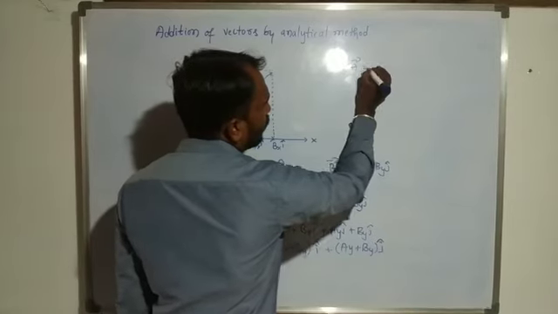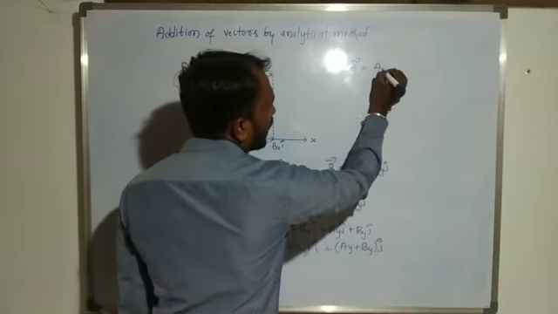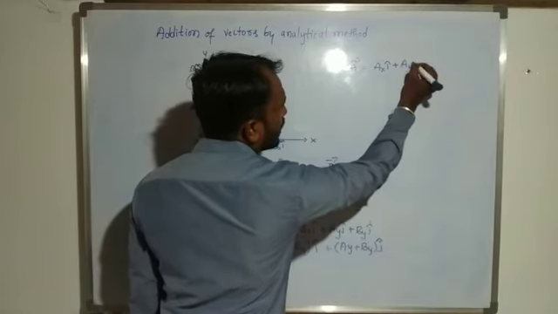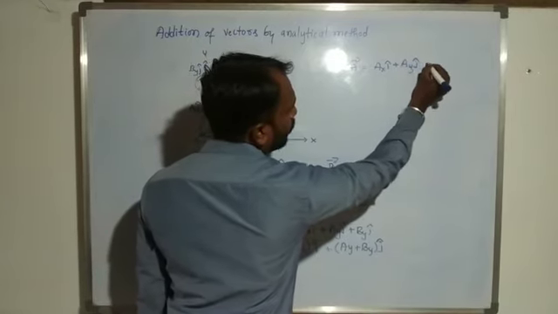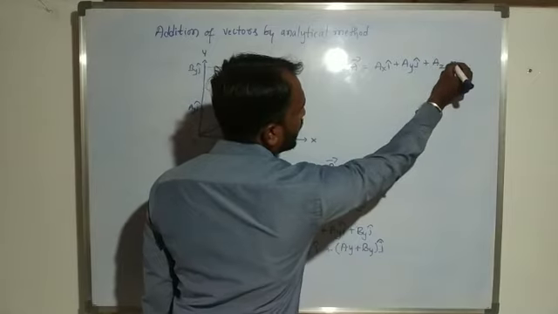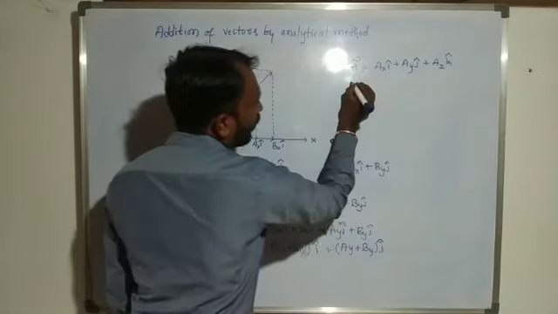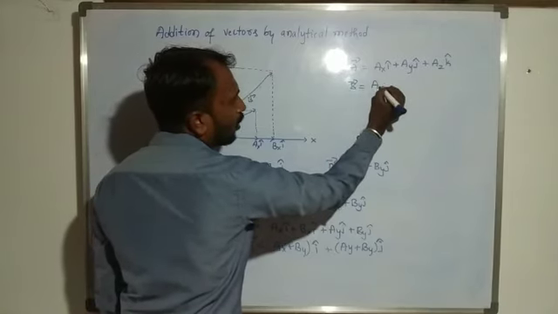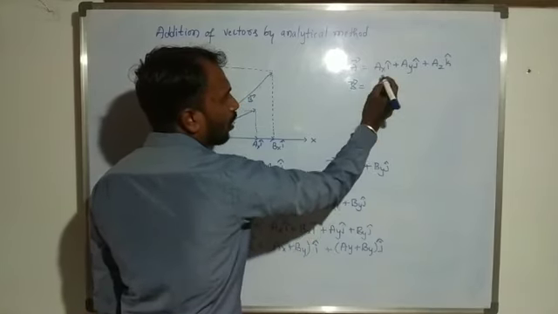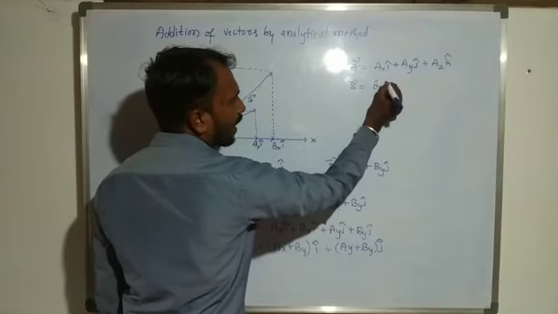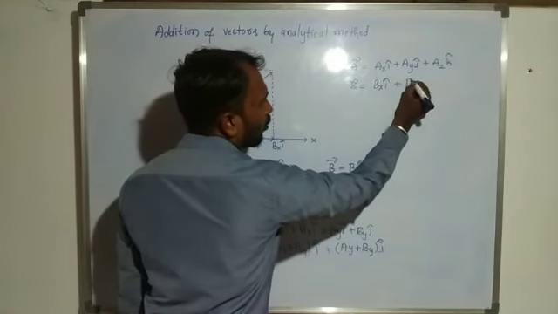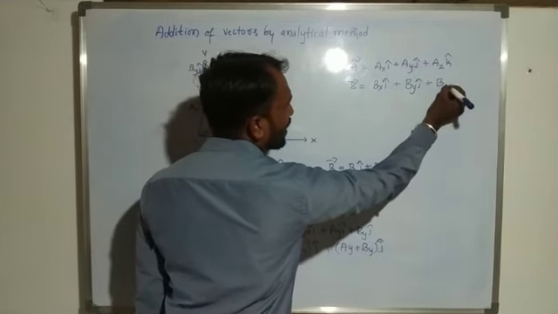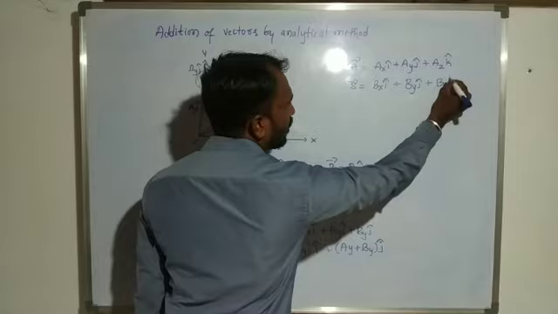Vector A is equal to the component along the x-axis plus the component along the y-axis plus the component along the z-axis. For vector B, the component along the x-axis is Bx i cap, plus the component along the y-axis By j cap, plus the component along the z-axis, Bz k cap.